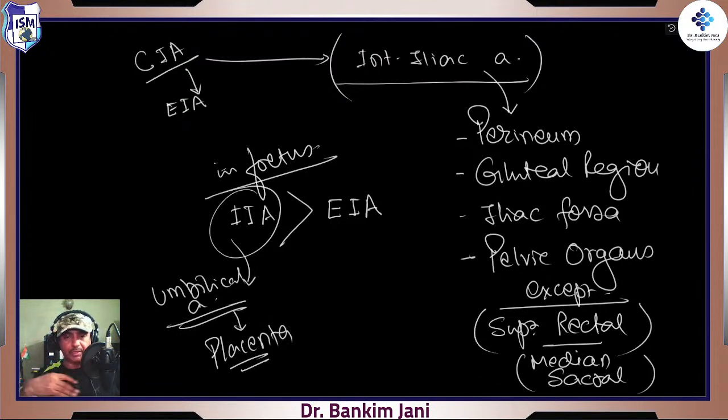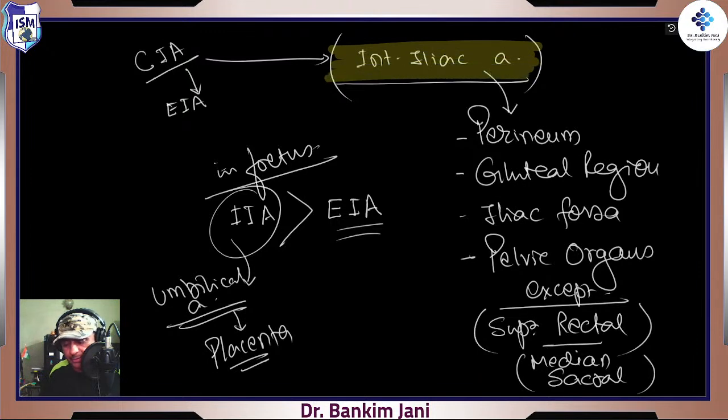All the blood was getting transmitted via that, but then it gets obliterated, and so the external iliac takes over. So that's how the entire layout is. Our prime focus would be on the internal iliac. Let's dive deep into it.